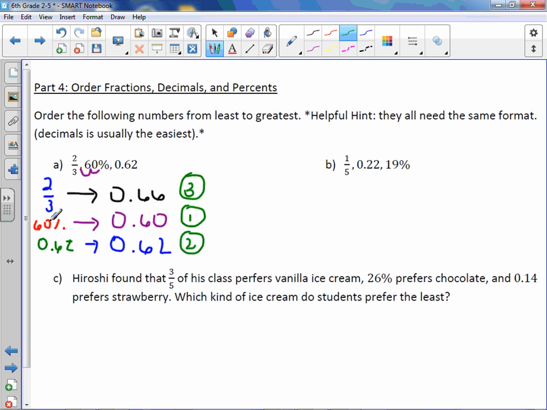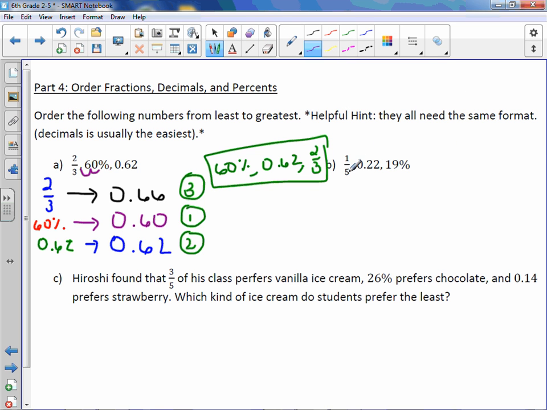Our first number is 60%. Our second number is 0.62. And our third number in original form is 2/3. And that's our order from least to greatest.